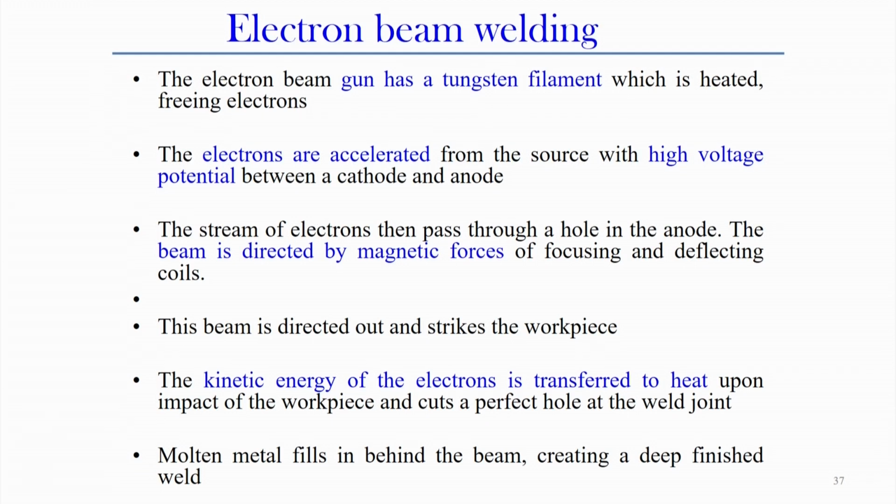It creates basically a keyhole in the weld joint, and when the keyhole moves forward, it is filled by the molten metal, and in this way it creates a deep penetration welded structure.